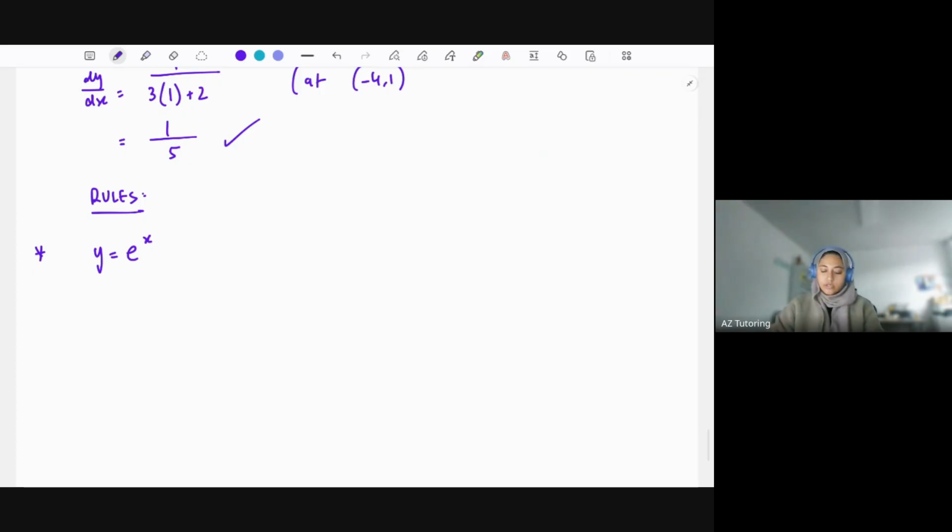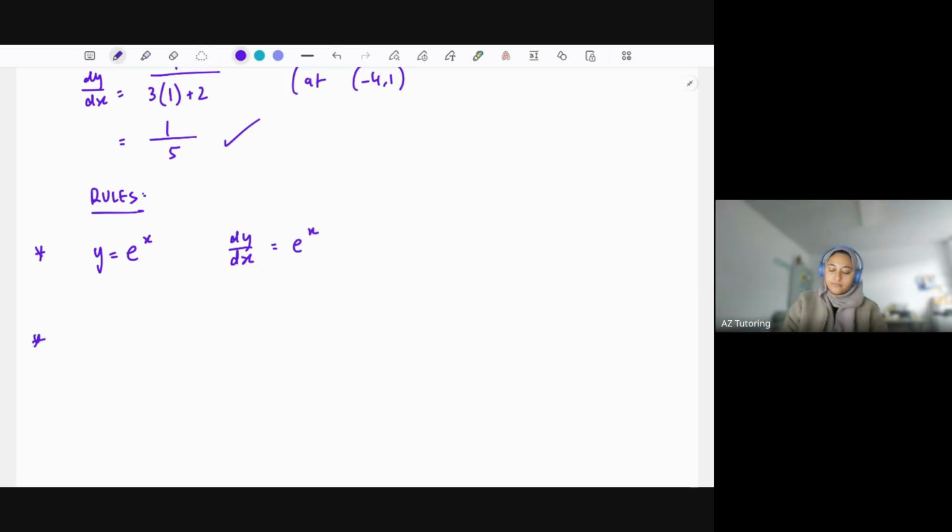Okay, so if I am differentiating the exponential function, remember the exponential function looks somewhat like that. If I'm differentiating that, all I get is the same thing. So the differential of e to the power of x is just e to the power of x. That's your first rule.